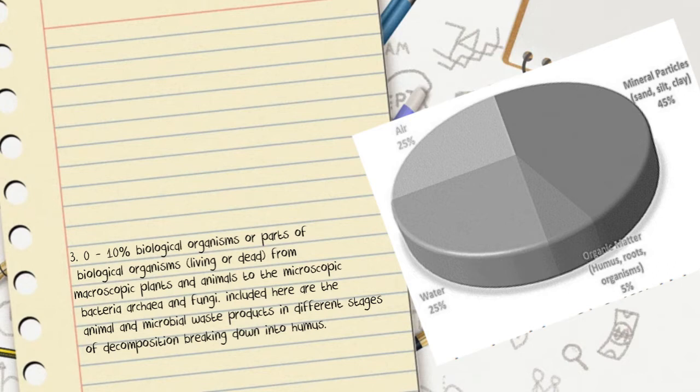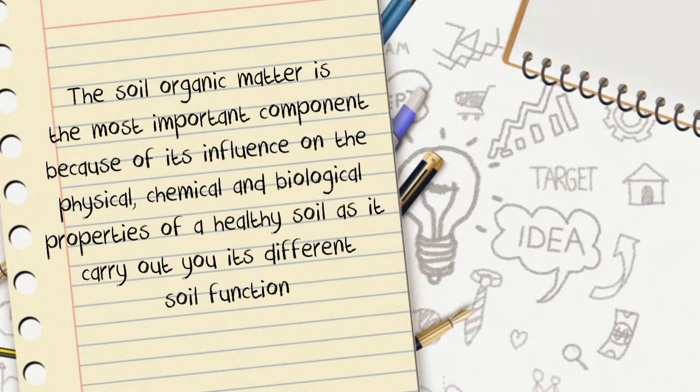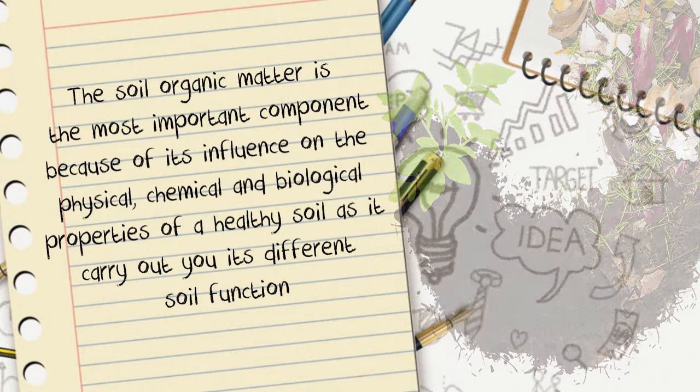Included here are the animal and microbial waste products in different stages of decomposition, breaking down into humus. The soil organic matter is the most important component because of its influence on the physical, chemical, and biological properties of a healthy soil as it carries out its different soil functions.